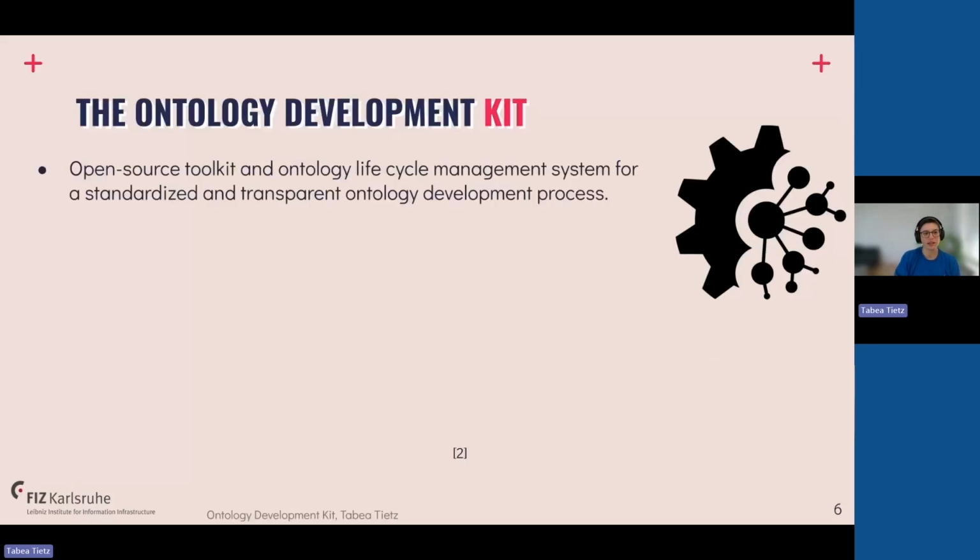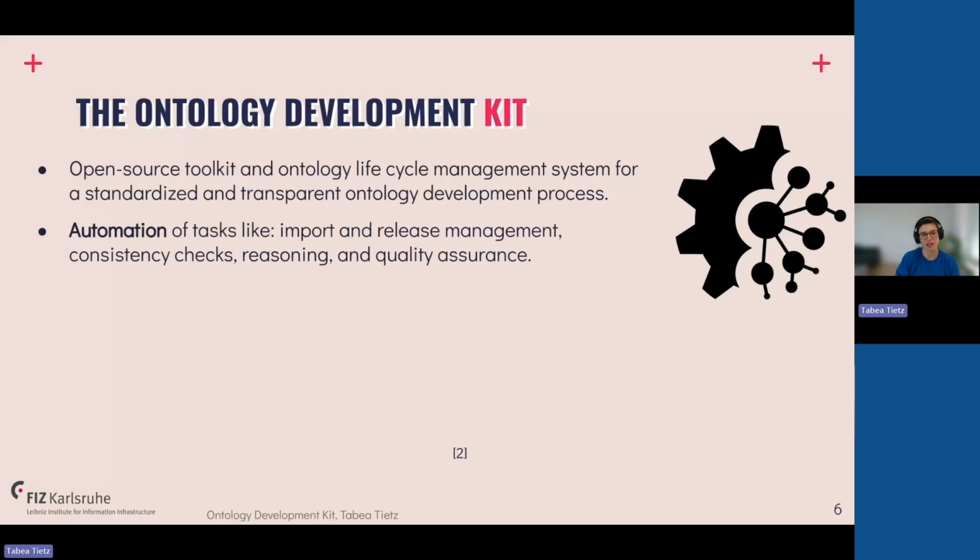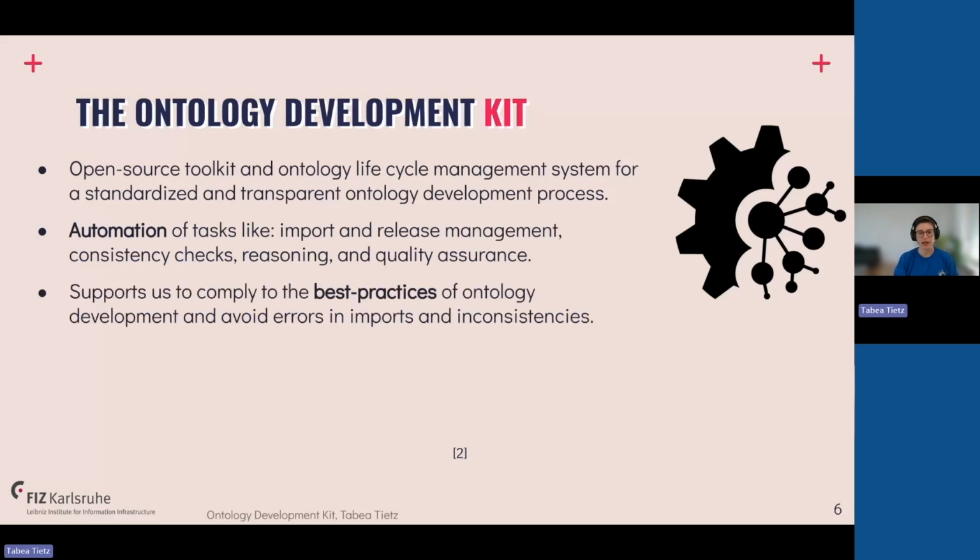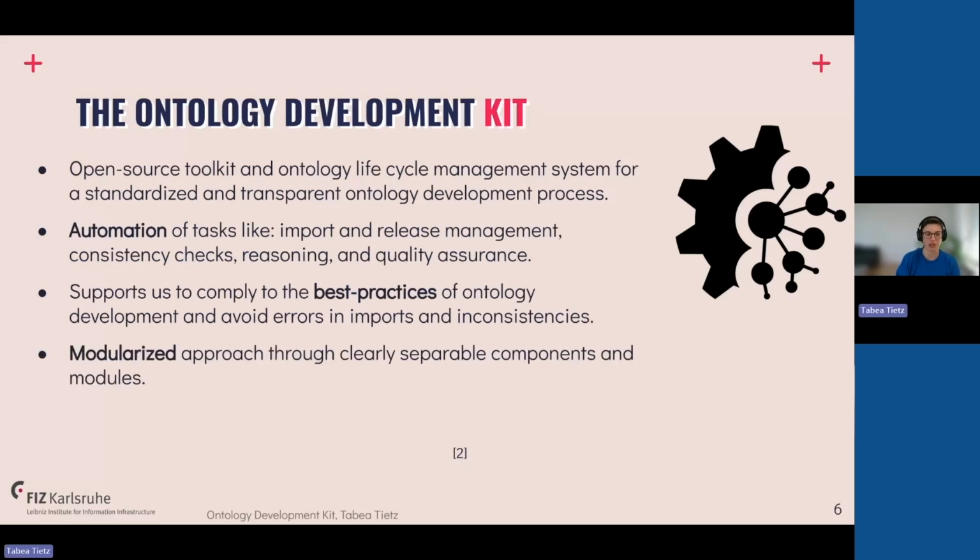So ODK is an open source toolkit and ontology lifecycle management system for a standardized and transparent development process. The automation that I refer to covers the import and release management, consistency checking, reasoning, and also the quality assurance, and helps us to comply with the best practices in ontology development.